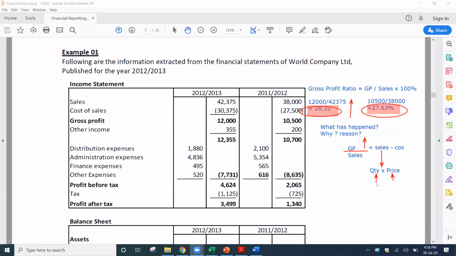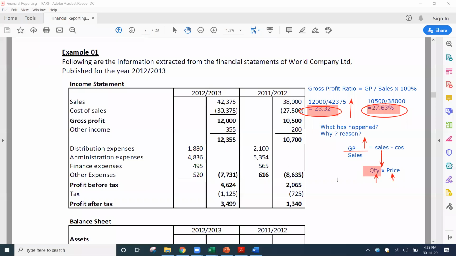So either quantity should increase or else the price should increase. Then for this increase, you need to assume what has increased. Normally, more than the price increase, quantity increase could be the reason. How does the number of units that you sell increase?